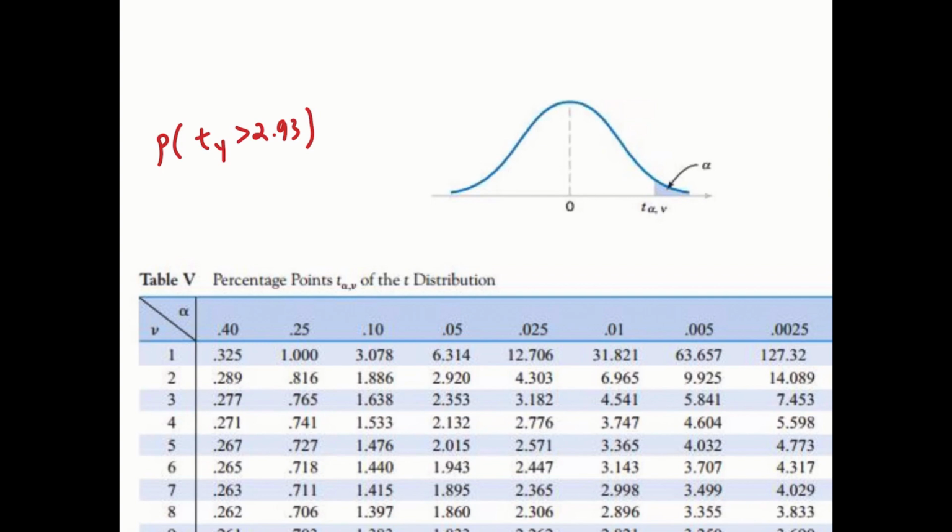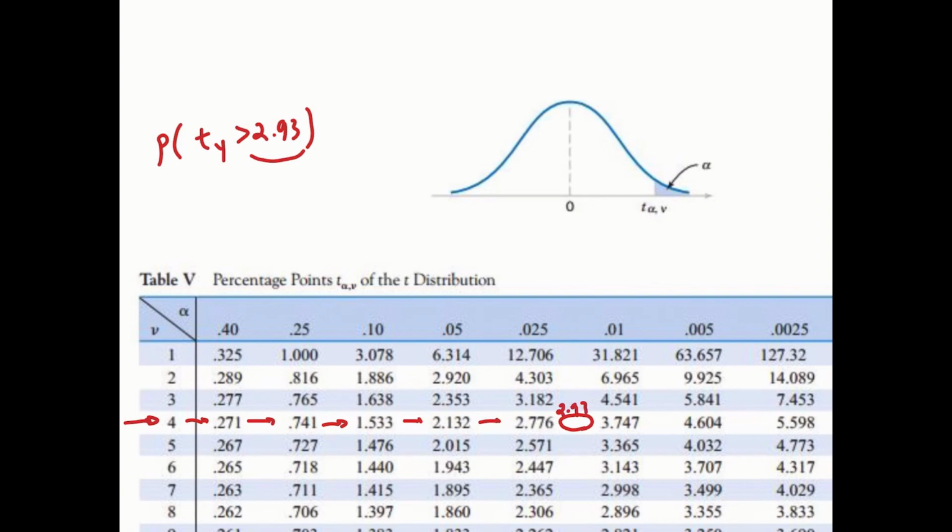T4 means the degree of freedom of 4, so this is the row that we're looking for, and then we're looking at these numbers, see where do we get more than 2.93. 2.93 is somewhere here between these two numbers. You can approximate what probability is associated with that.